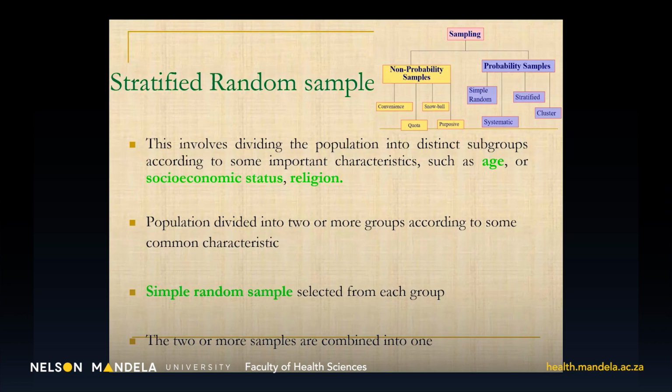And so I hope that makes sense. You divide your population based on a distinct, common characteristic. And then you sample out of each of those distinct groups, the subgroups you have created, cognizant of the total numbers available to you for the subgroups. Now, the two or more samples are combined. Therefore, the sample of boys I've selected for Nelson Mandela University and that of girls, I then combine.